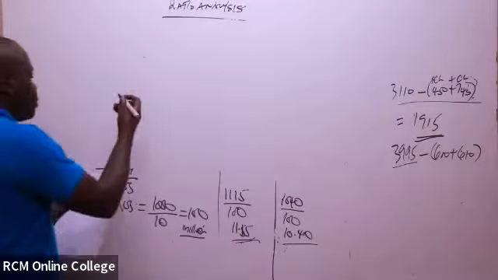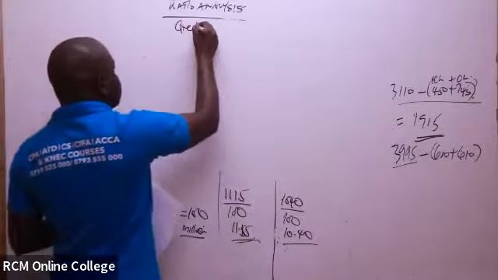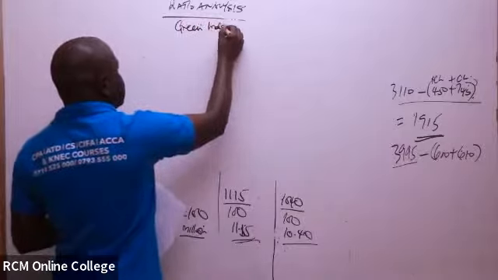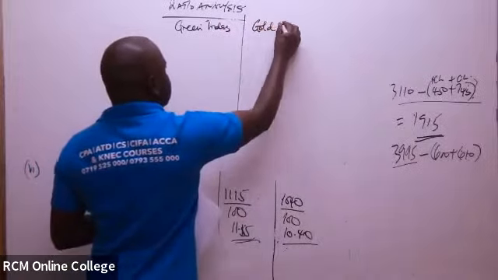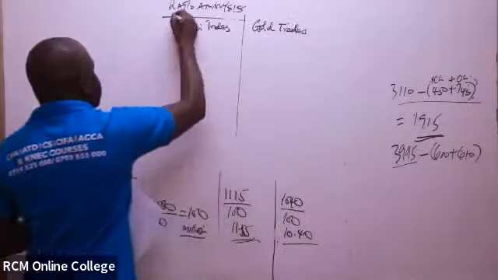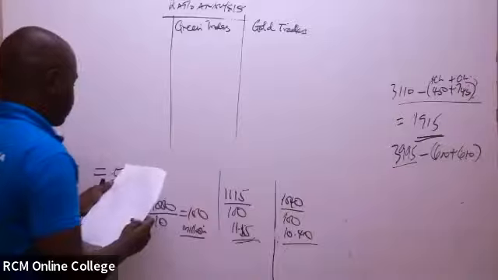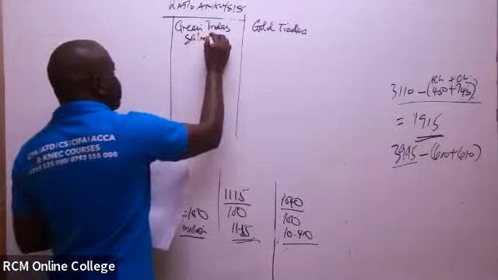Of course, this one was very easy. The gross profit margin and net profit margin is very easy. So we have in this case two companies, green traders and gold traders. The figures are in shillings.